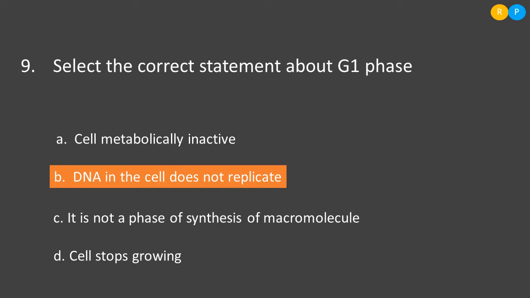Then option C, it is not a phase of synthesis of macromolecules. This is also wrong because, as I told, some of the macromolecules required for cell division start synthesizing in the G1 phase. Then option D, cell stops growing. This is also wrong because the cell keeps growing continuously in the G1 phase. So the correct answer here is option B.